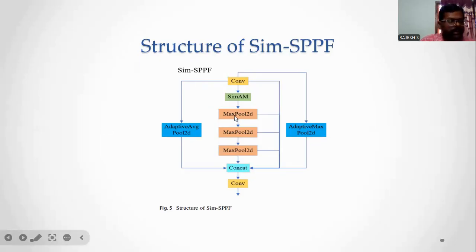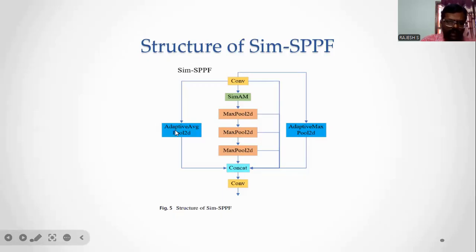In this image you find three max pool 2D boxes for pooling again and again. It reduces the image slowly and keeps only the maximum values.